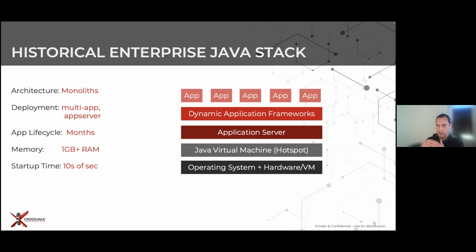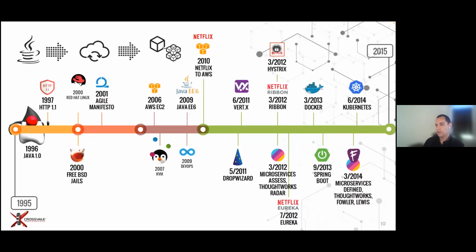So it was abstracting all of that from the application. Now, during 10 years, that was more or less what was going on. We went from Java 1.0 to JEE 6 in 2009, and that was a big change.